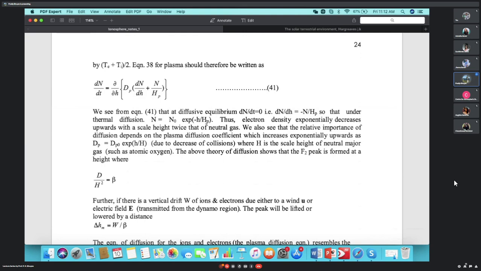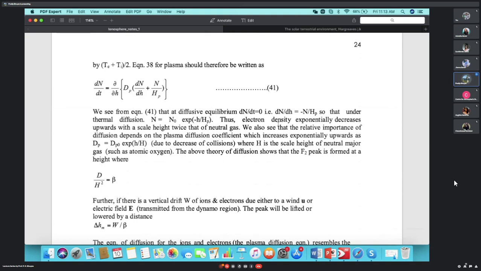If I put h here, then there is an exponential decrease. n is equal to n naught. You consider some value at the maximum, the height of maximum, or height of 0. So n naught is the value at the height where you get a maximum, from where your density will exponentially decrease: minus h by H if it is a normal gas, minus h by H_p if it is the electrons or ions.